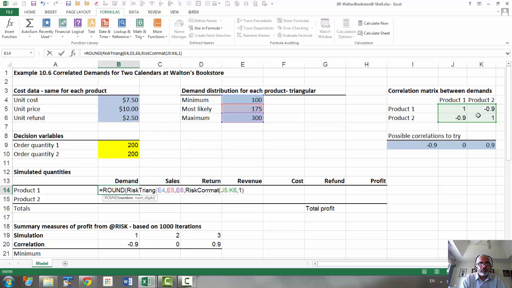Now we close 1 parenthesis for RiskCorrMat, then 1 for RiskTriang. And then for the ROUND, you have to specify how many decimal places we want to round, so that's 0.